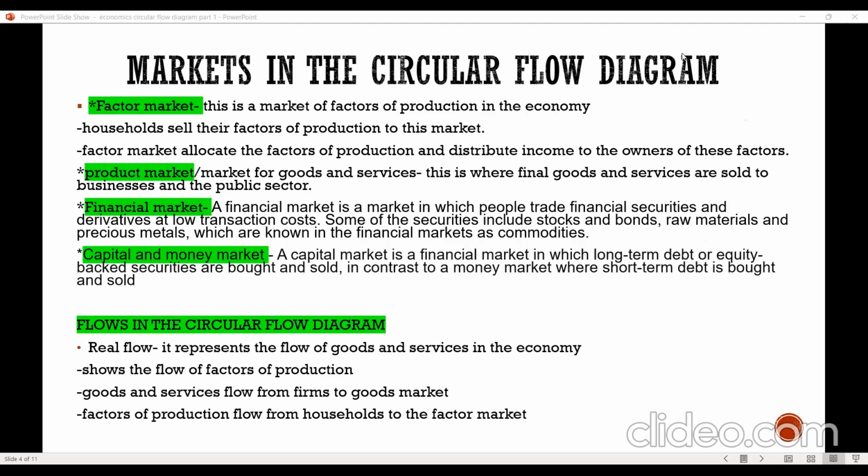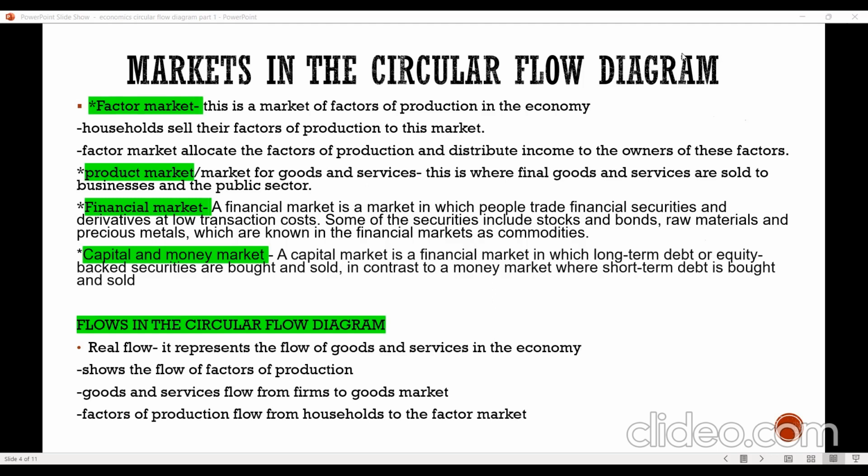Let's go to the capital and the money markets. These are the easiest markets that you could ever find in the circular flow diagram. What is the capital market? This is a market where long-term debt and equity are bought and sold. That's basically it.